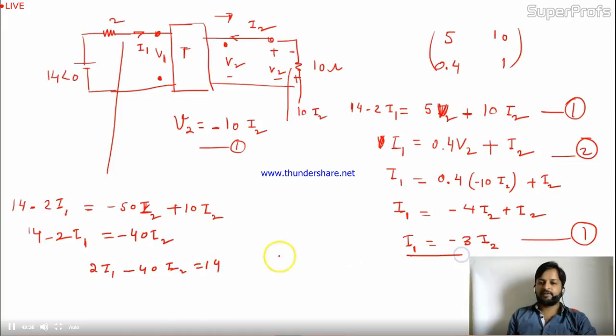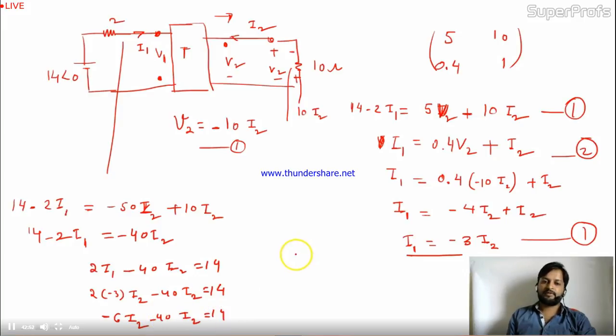Another equation is this, I1 equal to minus 3 I2. So 2 times minus 3 I2 minus 40 I2 equal to 14. So minus 6 I2 minus 40 I2 equal to 14. So I2 is equal to minus 14 divided by 46, that is 7 divided by 23, negative.